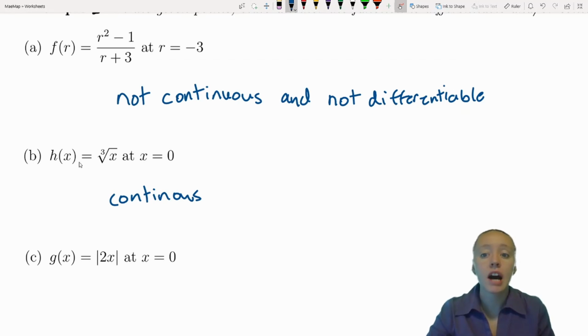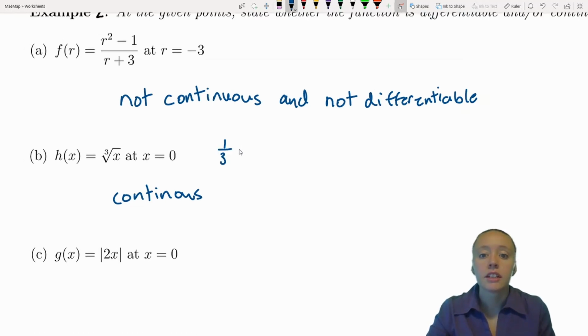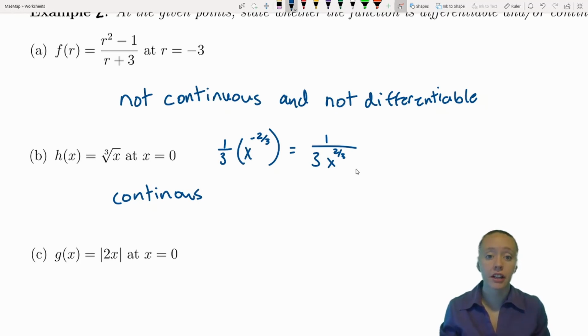The derivative of h of x, the cube root of x, is going to be 1/3 times x to the negative 2/3. 1/3 x to the negative 2/3 is 1/3 x to the positive 2/3, putting that in the denominator.